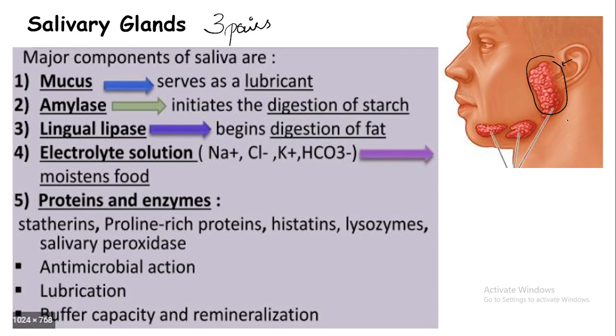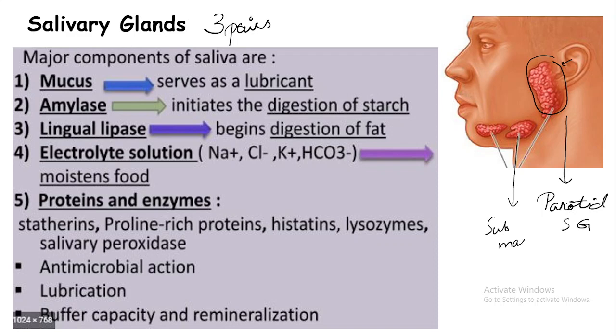We call this particular salivary gland the parotid salivary gland. I'll just mention it as SG, salivary gland. They are a pair, which means that in front of one ear and the other ear, the other part of the pair will be.